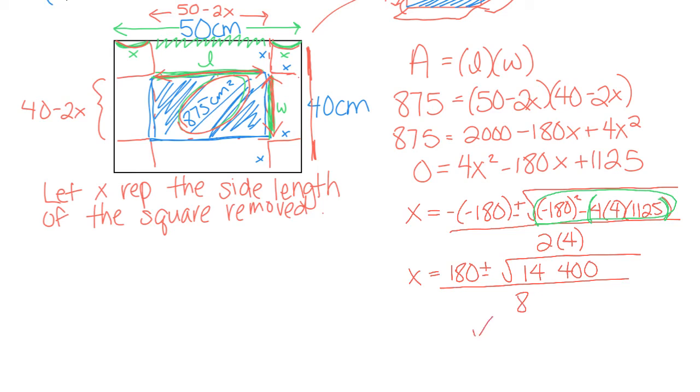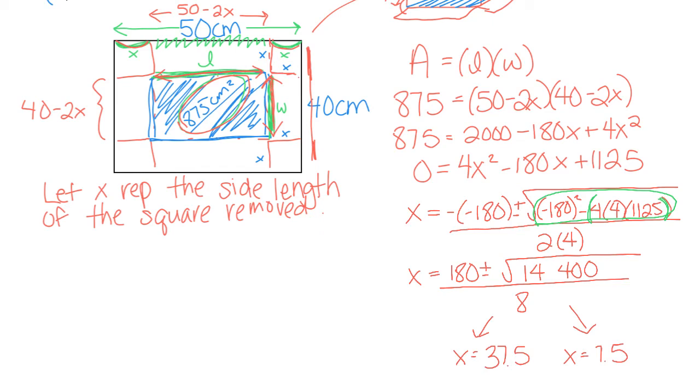And then I find my two answers, 180 plus root 14,400 over 8, and then 180 minus root 14,400 all over 8. So I get x is equal to 37.5, and I get x is equal to 7.5.